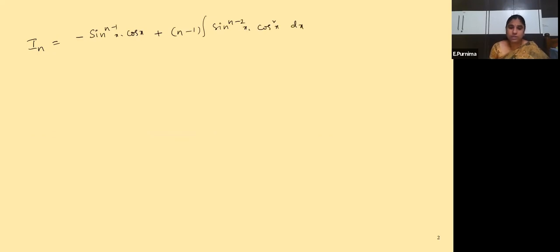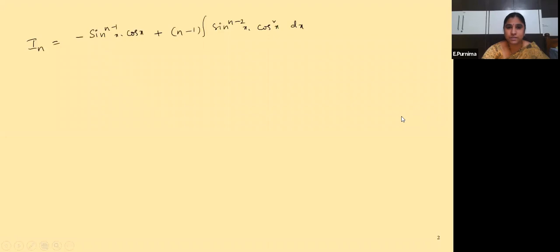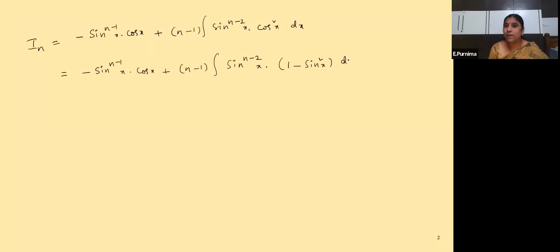Okay, so this is a step. Now here, check once. So plus n minus 1 into sine to the power of n minus 2 x into cos square x dx. Now here, what we are trying to do: equal to minus sine to the power of n minus 1 x into cos x plus n minus 1 into integral of sine to the power of n minus 2 x into this cos square x, I can write as 1 minus sine square x, using the trigonometric identity.